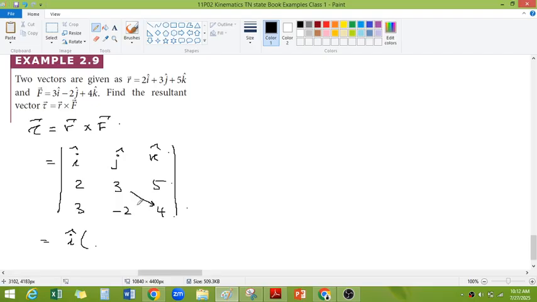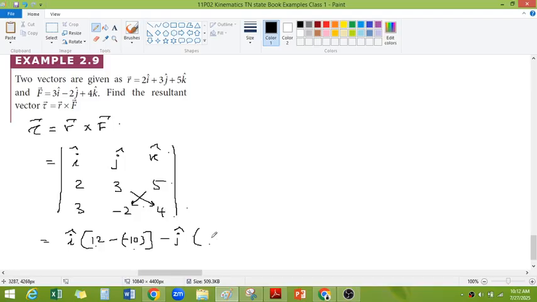So it will be 3 into 4, 12, minus 5 into minus 2, so minus 10. And for j alone, you will get a minus j. This is in the formula, you have to remember it. And then you have to do this multiplied by this.